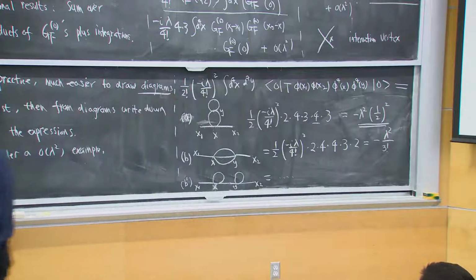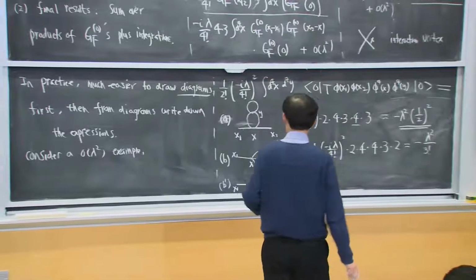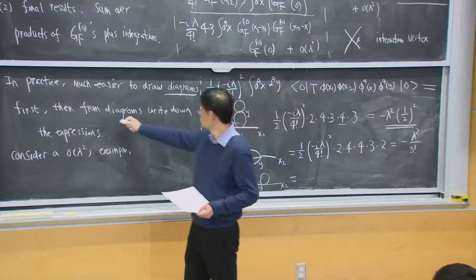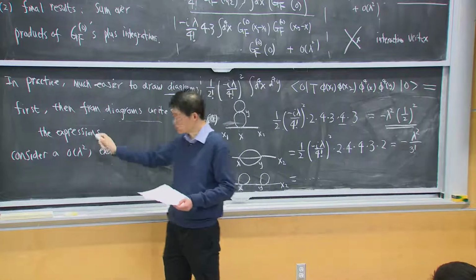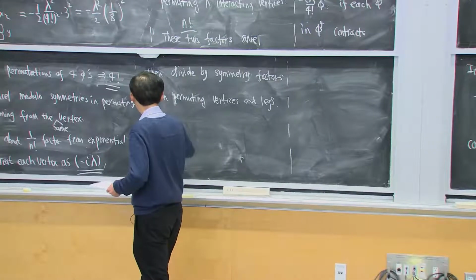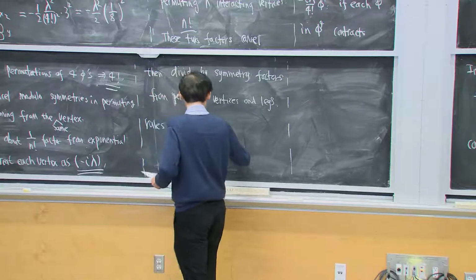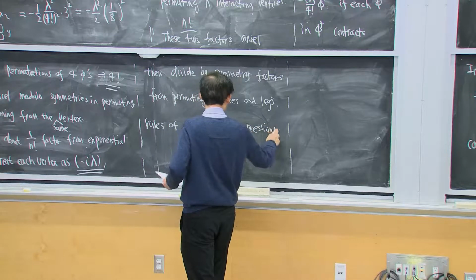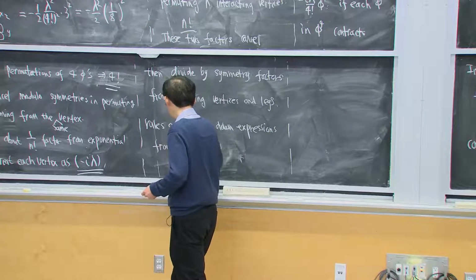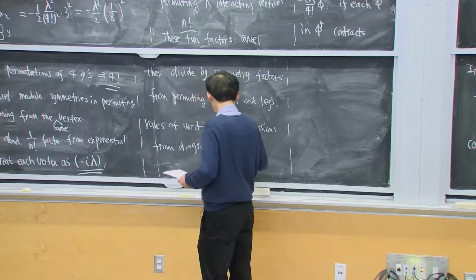Now we are ready to write down our rules. We have drawn the diagrams, and now we can use the diagrams to write down expressions. The rules of writing down expressions from diagrams are called the Feynman rules.